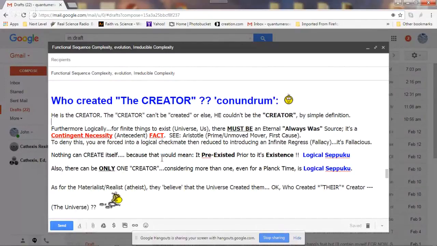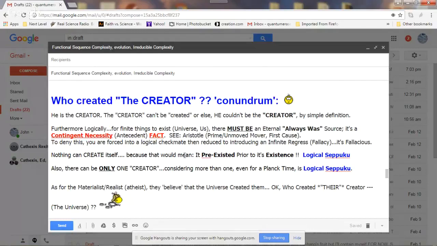He is the creator. The creator can't be created, or else he couldn't be the creator by simple definition. Furthermore, logically, for finite things to exist, that's the universe and us, there must be an eternal, always-was source. It's a contingent necessity, an antecedent fact. See Aristotle, prime mover, unmoved mover, the first cause.